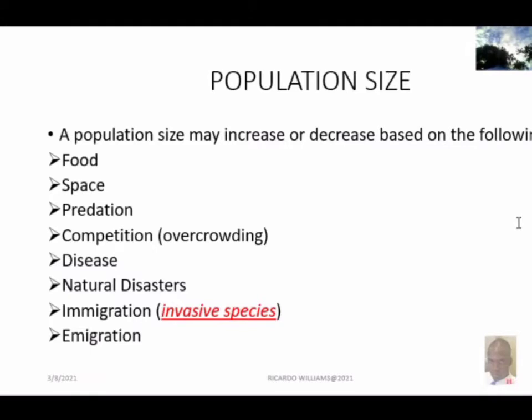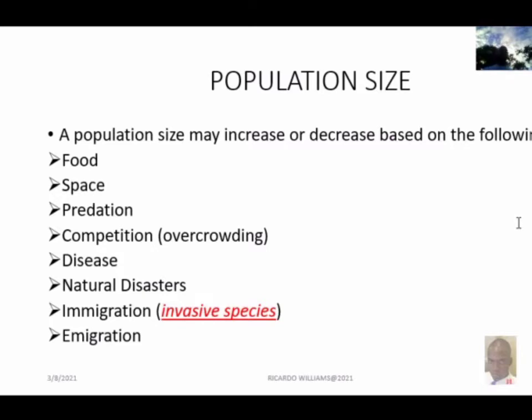But you can have immigrants that come in that are predators, we call them invasive species. Where you have predators that come in, they will decrease the numbers of the original population. But if you have other individuals that come in that are of the same species as the original, then they can add to and increase the numbers.